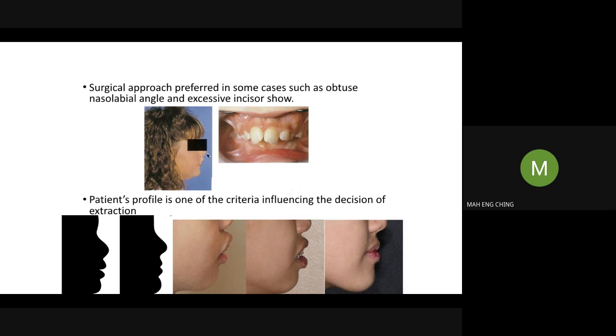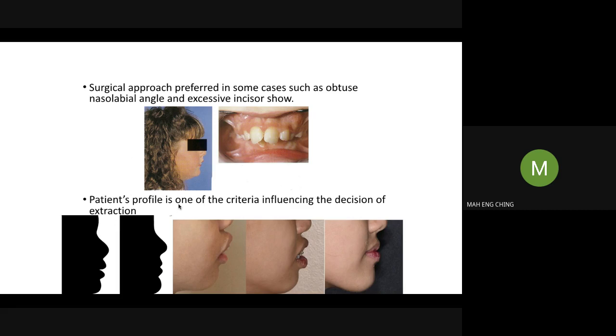Obtuse means it's more than 110, so it's already quite flat. It means the upper incisor is not proclined, and the lower jaw is too short. This kind of case may not be suitable for braces only, because whatever you do, you cannot make the upper lip too flat. It must be a certain angle to achieve the aesthetic. So for this kind of patient, when it is a severe case, maybe we'll go for a surgical approach.